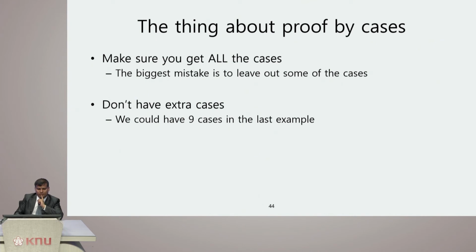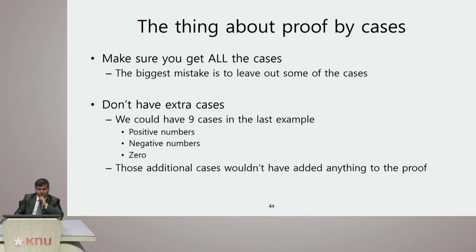We could have, for example, 9 cases in the last example, like if you have positive numbers, if you have negative numbers, and if you have zeros, and of course those additional cases wouldn't have added anything to the proof. So in other words, there are some smart ways to eliminate some of the cases. We should be very cautious of that as well, if it doesn't add any meaning to the proof that we are dealing with.